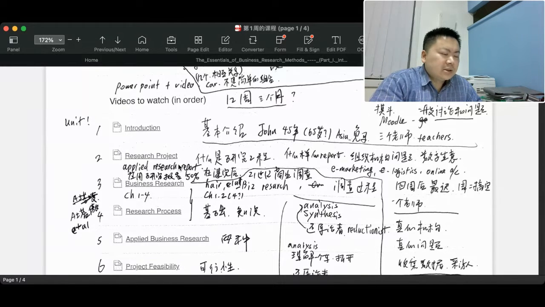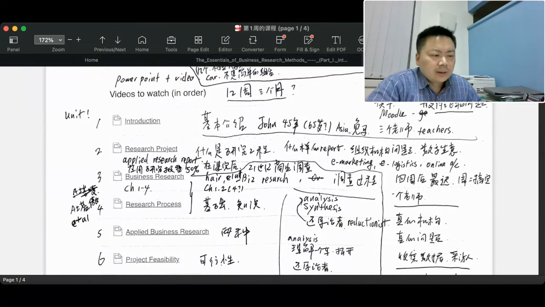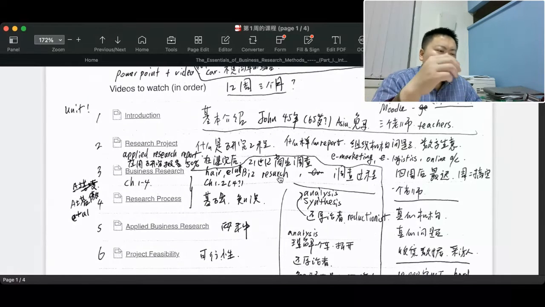I raised the question of what a research project is, and what kind of report we should produce. The teacher has given us some directions to work on.